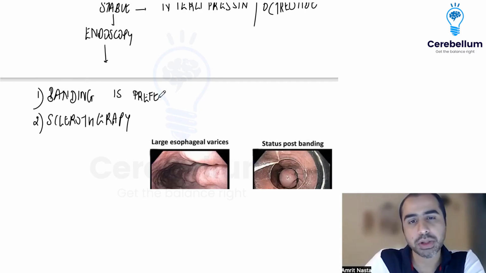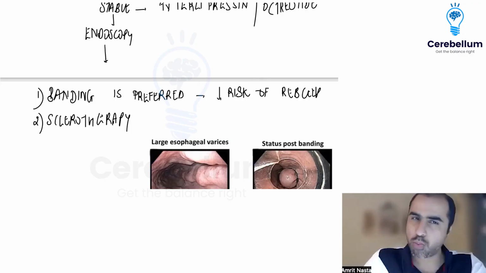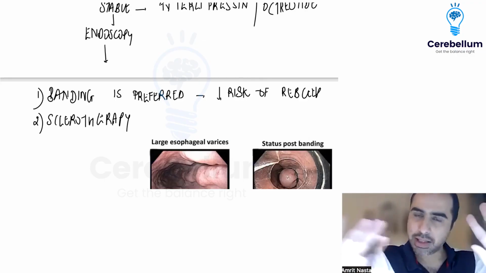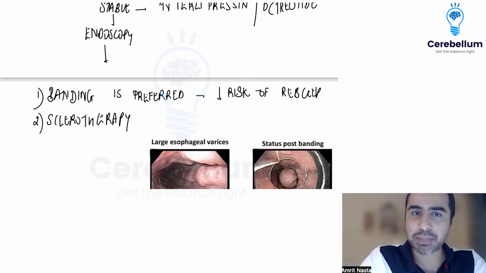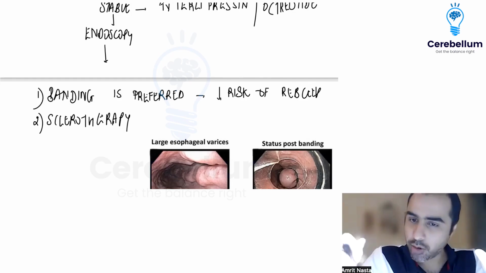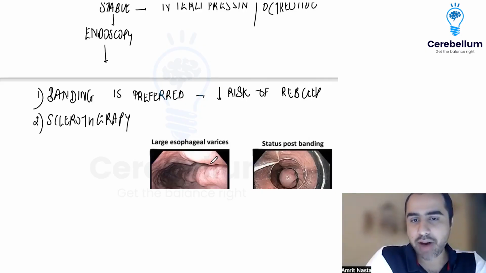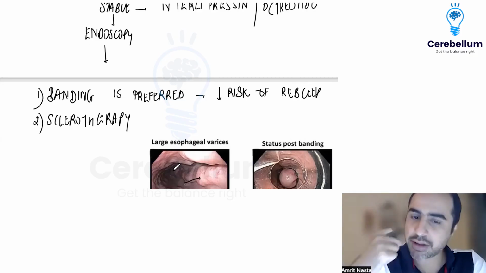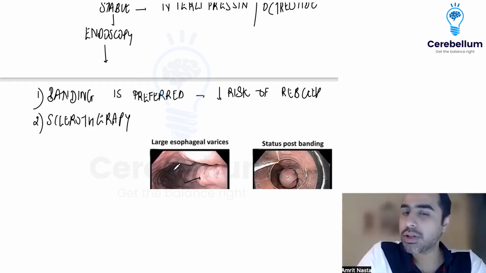Compared to sclerotherapy, banding is preferred because it has a lesser risk of rebleed. So the risk of bleeding again is going to be very less. So most of the times, this will be sufficient to treat the patient. Sclerotherapy means the varix that I see, I put a needle inside it and I inject a drug which will cause fibrosis of the varix.